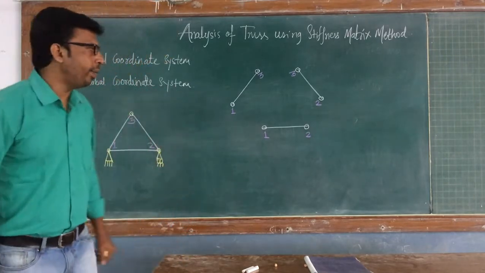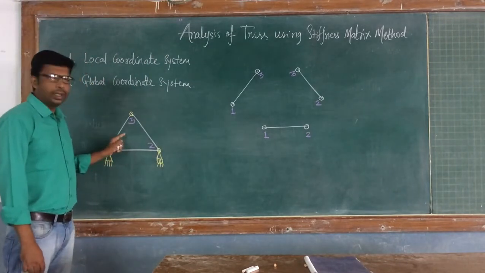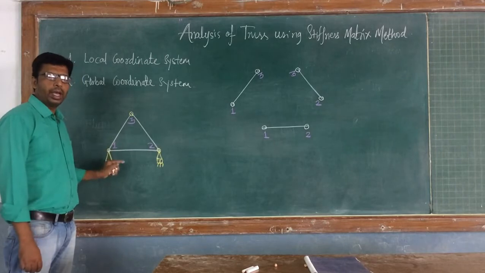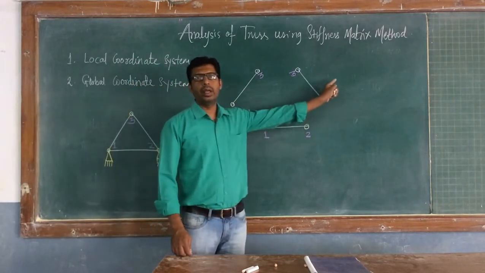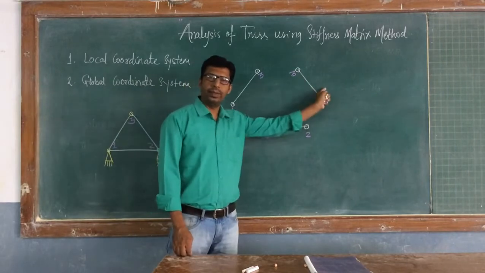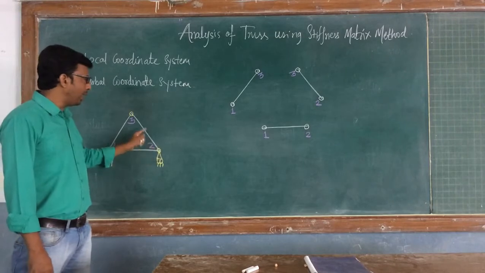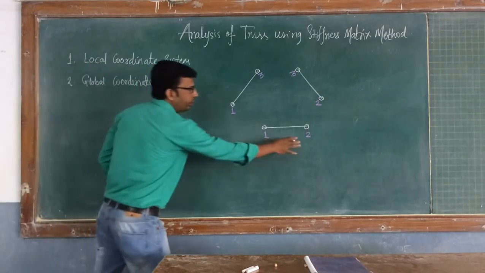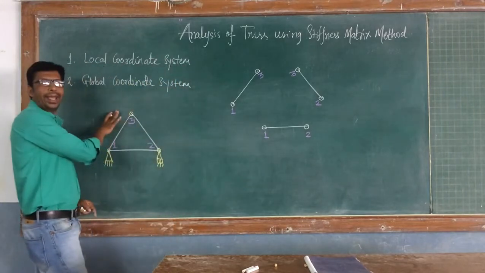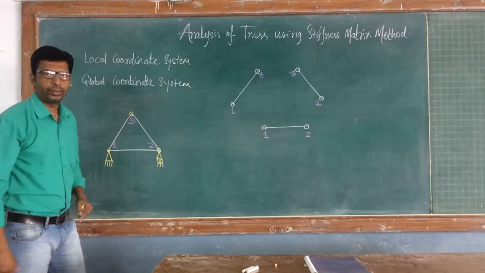To understand it in a better way, if you look at this truss, there are three members. If you draw these three members separately, this is joint 1, joint 2 and joint 3. So this member is 1, 2, this is 1, 3, and this is 2, 3.